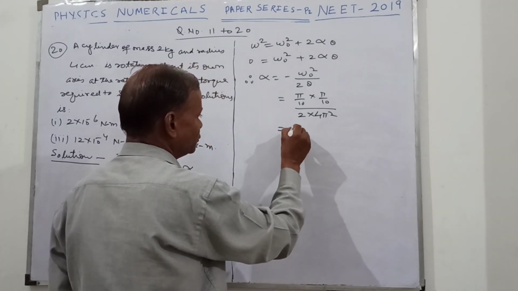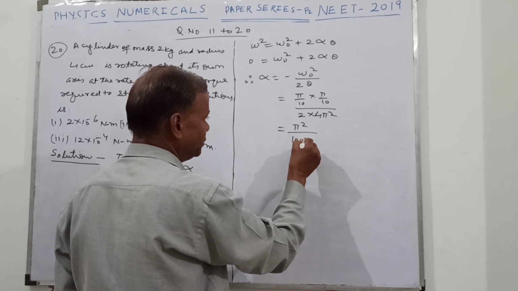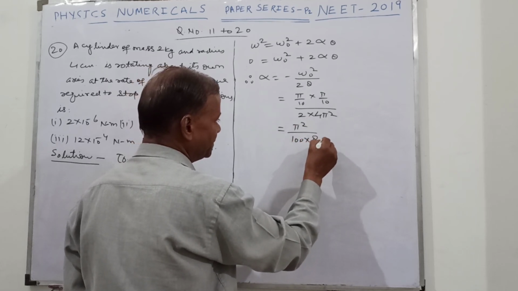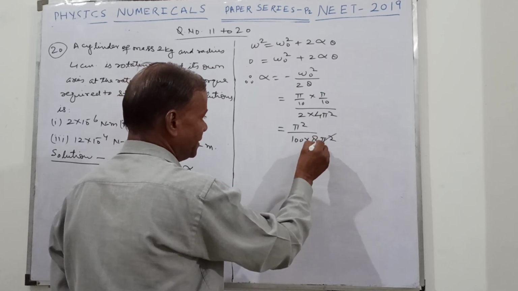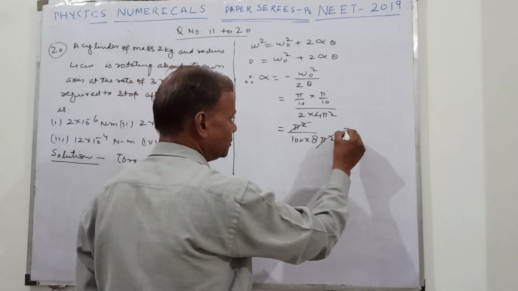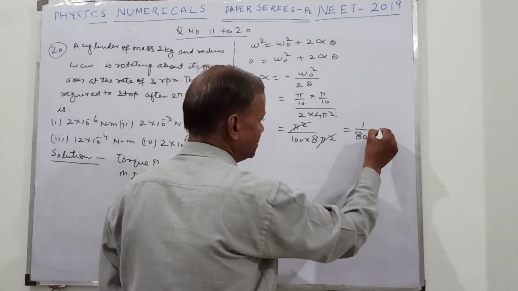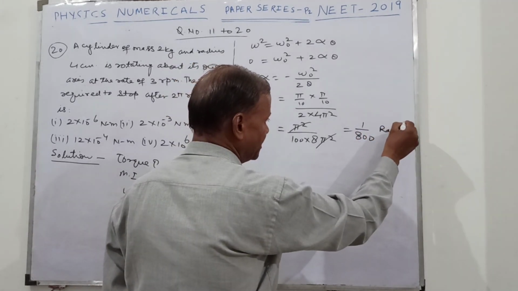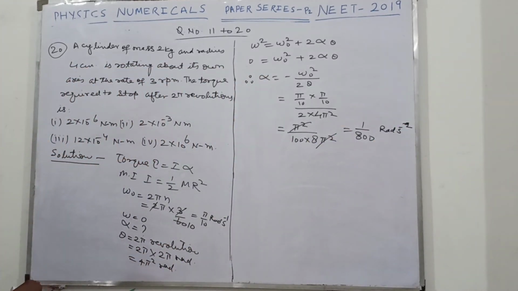So this will be pi square upon 10, this is now your 100 into 2 pi, 8 and this is now your pi square. So you write down like this. Now this pi square term will cancel. This is now 1 upon 800. So much is radian per second square. This is the angular acceleration.